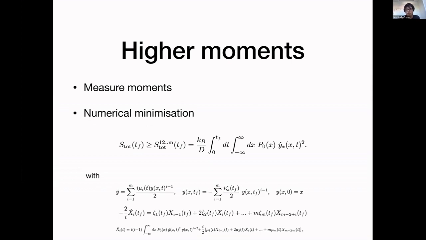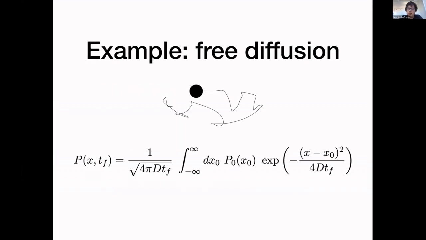So what you would do is you would take the time-dependent moments that you measure, put them into this set of equations, and then what rolls out is a numerical lower bound for the entropy production. So this would be a tighter bound because it's constrained on more moments, but the algorithm is a bit less stable, so you generally need more data to apply it, but I will talk a little bit more about that later on in my talk.